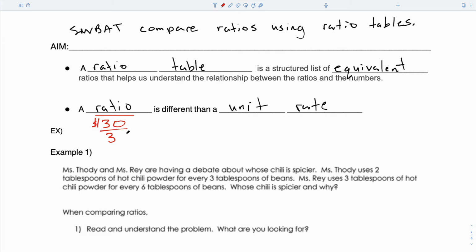A ratio does not have to be over 1. A unit rate, well, you guys are pros at that. You can probably get the unit rate out of this. It is $10 an hour. A ratio does not have to be over 1. A unit rate is always over 1 of something.